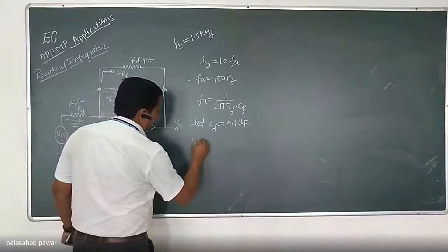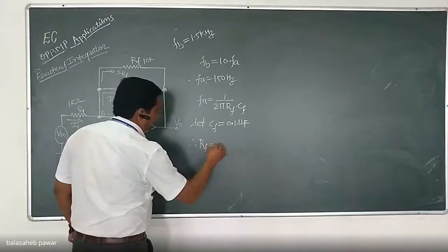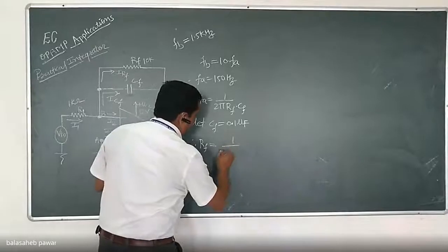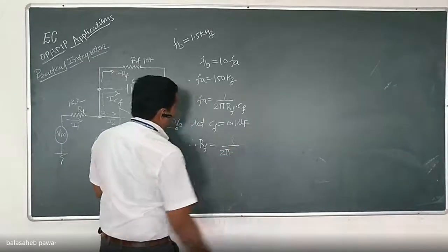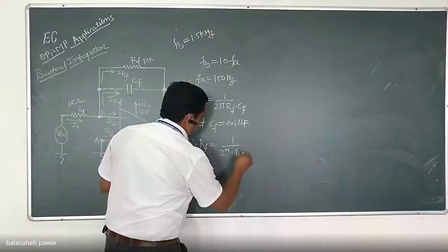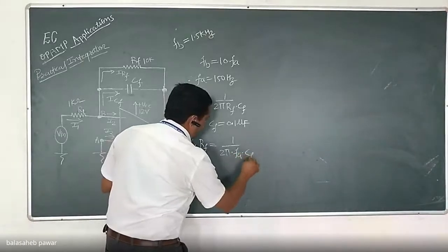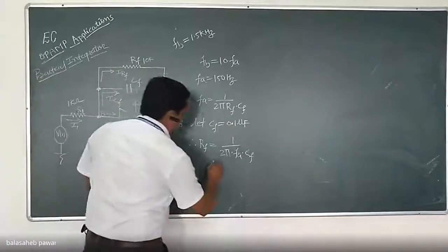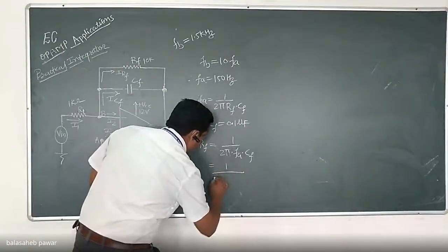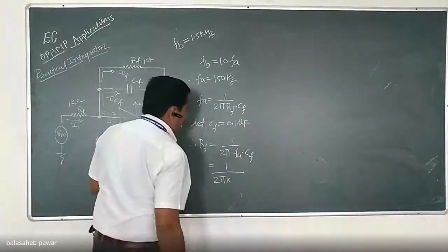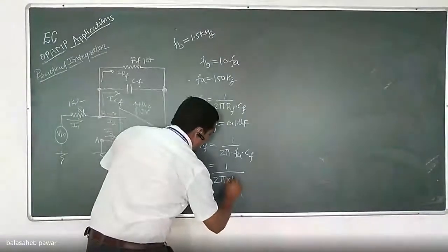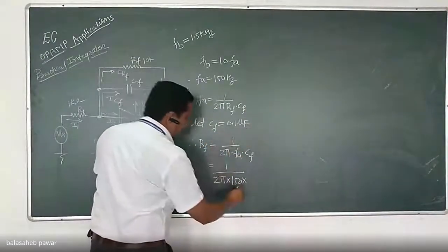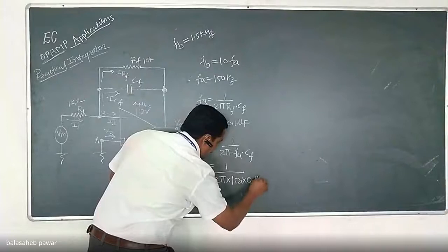Therefore, RF equals 1 upon 2 pi into FA into CF, which equals 1 upon 2 pi into 150 hertz into 0.1 microfarad.